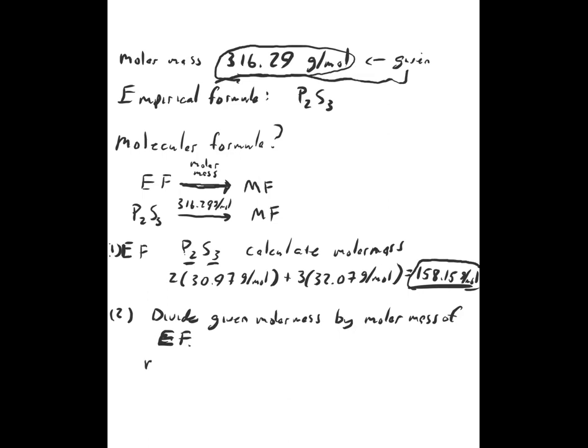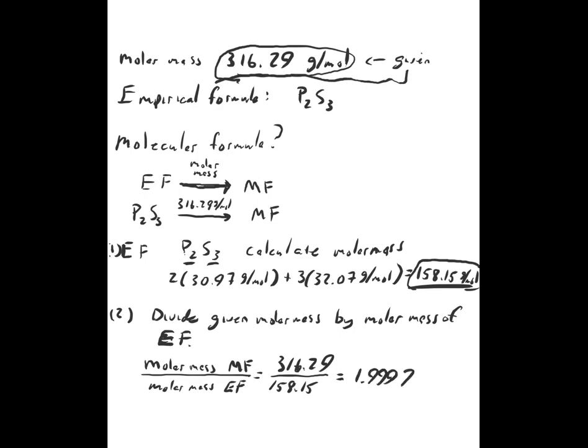You're going to do the molar mass of the molecular formula, that's given, divided by the molar mass of the empirical formula. So 316.29 divided by 158.15. Okay, so 316.29 divided by 158.15, and you get 1.999. Actually, I got 4 nines.